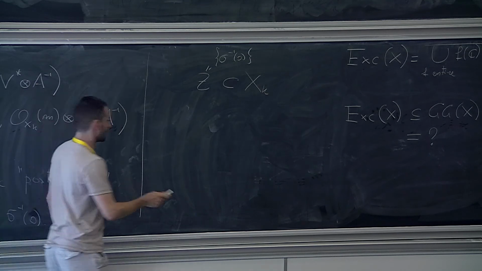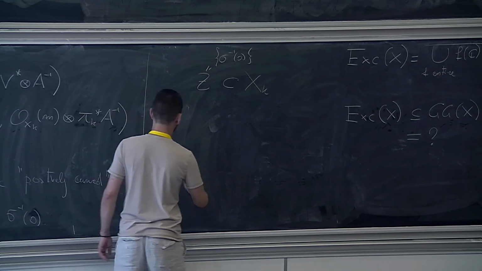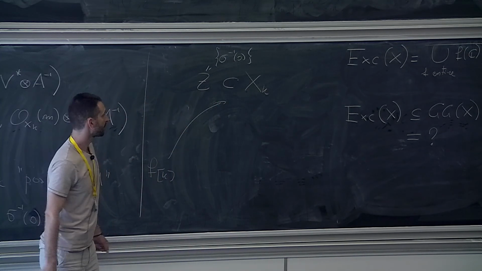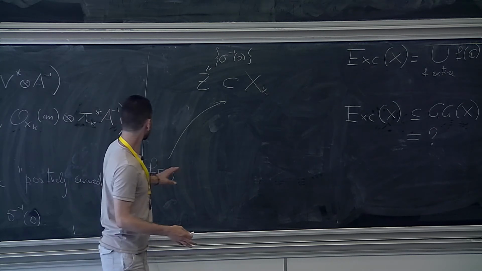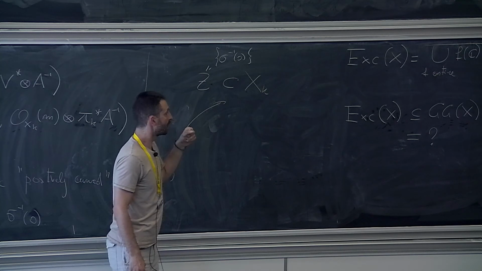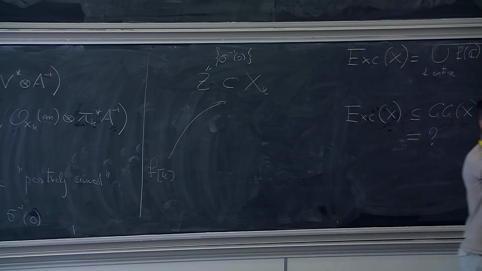Now you have this map fk, which goes here inside. What you want is to show that the image is inside Z. If not, it will cut Z, but it's not contained in Z, right?